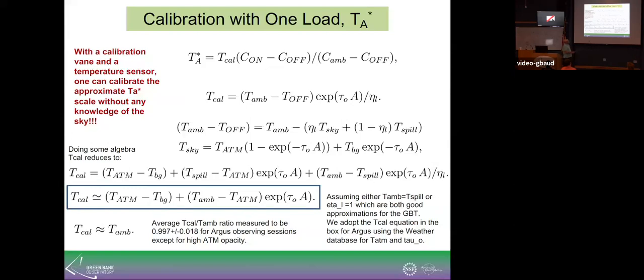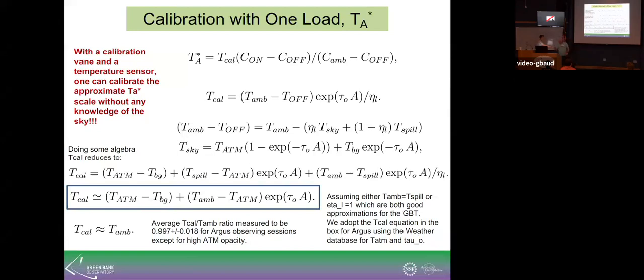And the reason it works well is that, for us, eta L is near 1. Usually what people assume is the ambient and the spillover, and that cancels out a lot of the terms. But we have an added benefit, since we have no spillover and eta L is near 1, there are great approximations and the terms come down.